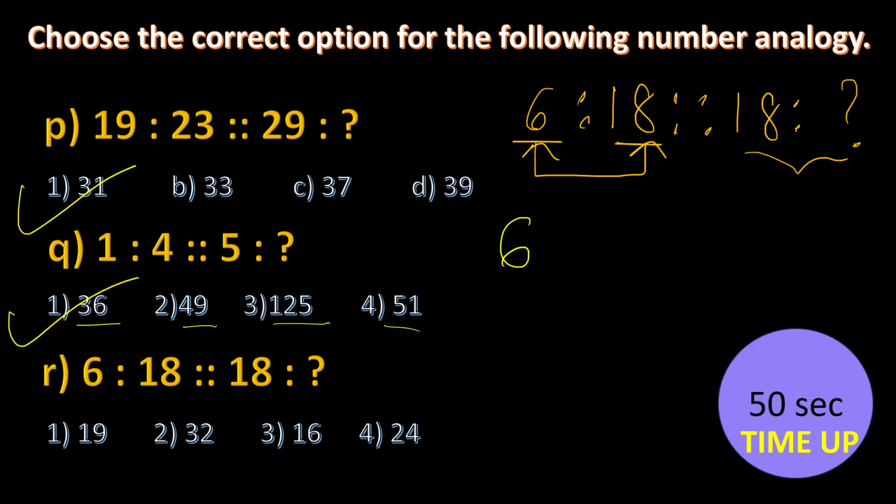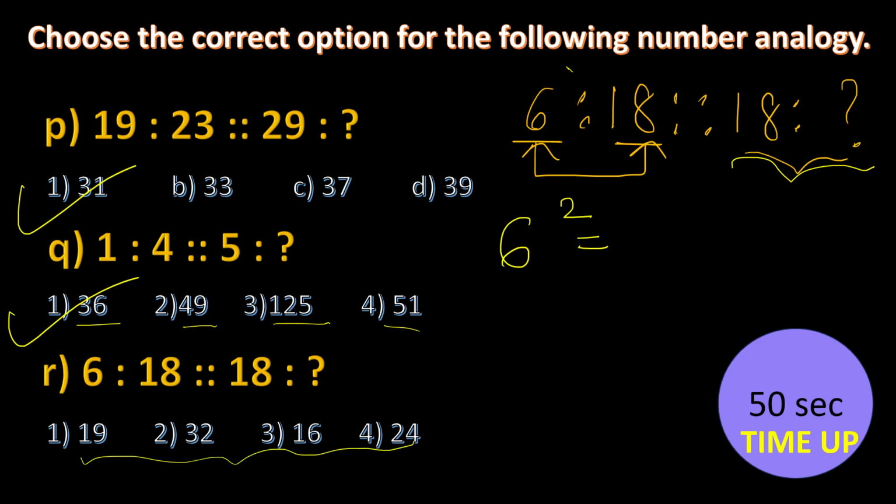If you take 6 square, see if you think that 6 into 3, 6 3s are 18. 6 into 3 will give you 18, correct? But same logic you need to apply here also. 18 into 3 option is there here?